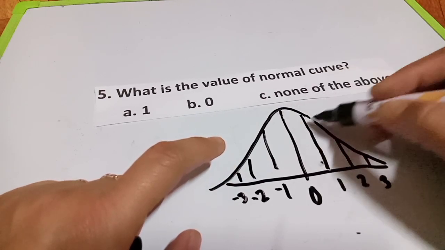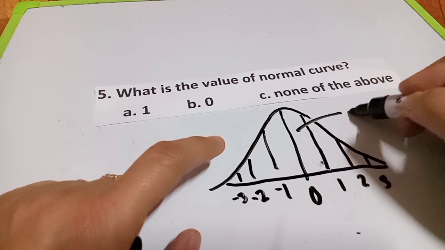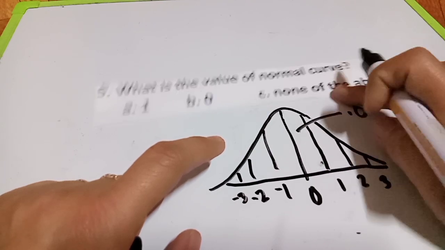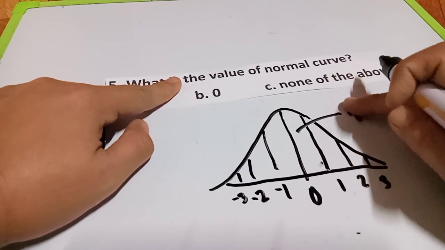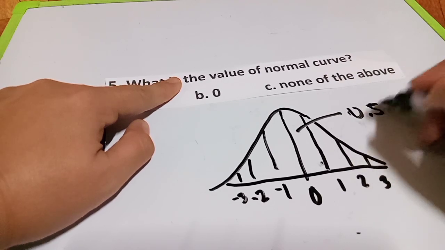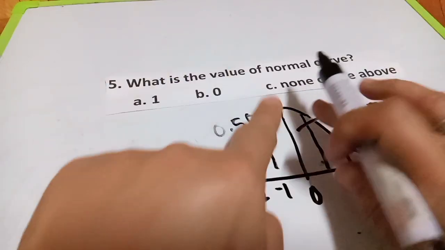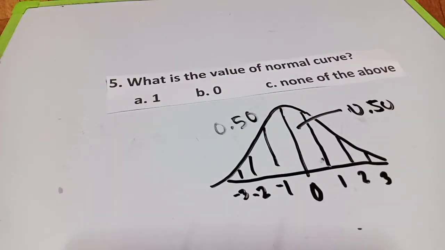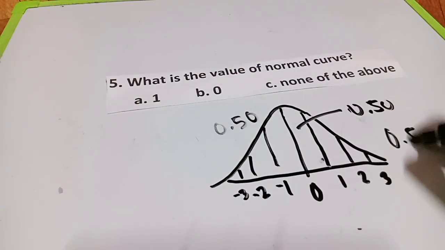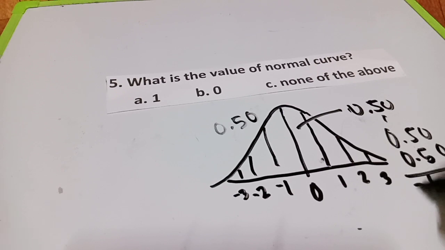Take note, this is symmetrical, so it means this half is 0.50 and the other half is also 0.50. So 0.50 plus 0.50 is automatically a total of 1.